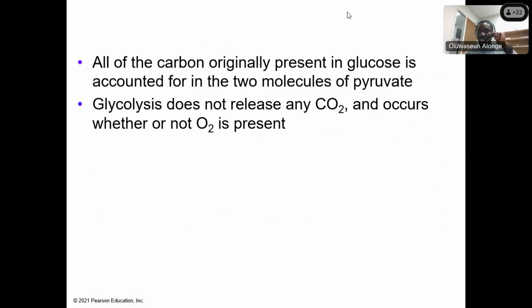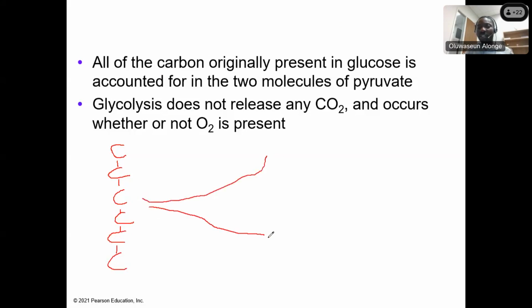Let me show you what has happened here in a little way to analyze it for you. So you have this carbon, 2, 3, 4, 5, 6. So all that happened in glycolysis is just like this. Think about it this way.